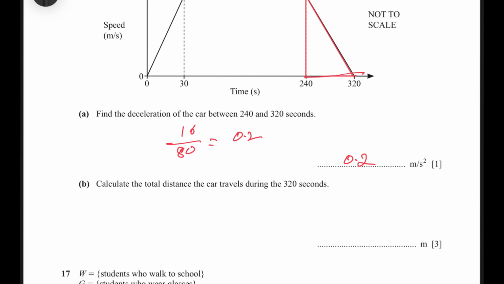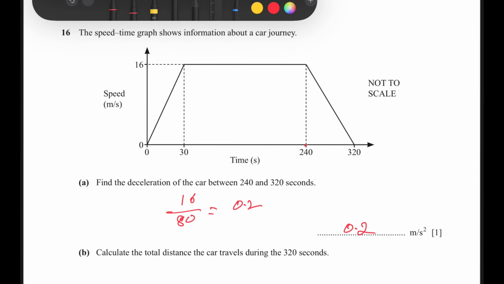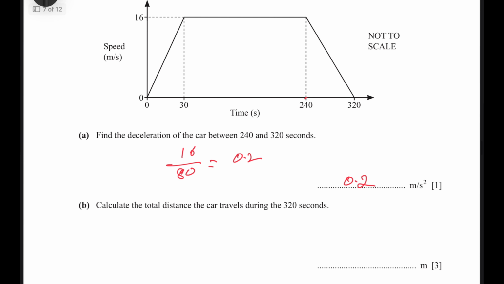Calculate the total distance the car travels during the 320 seconds. So the total distance during 320 seconds is actually the area under the graph. As you can see, this area is a trapezium, and you know the formula for a trapezium, that is half, in brackets, the sum of parallel sides times the distance between them, or you can write the height.